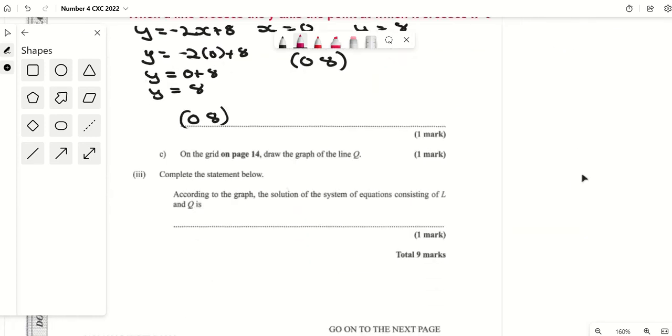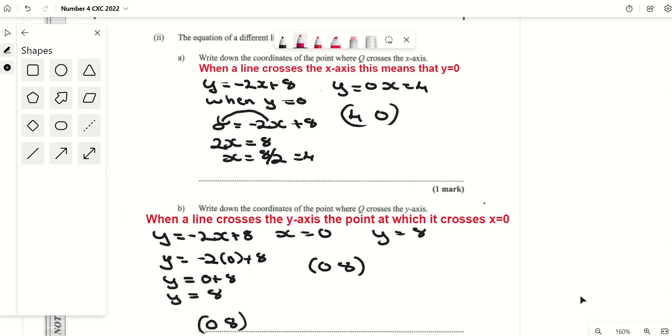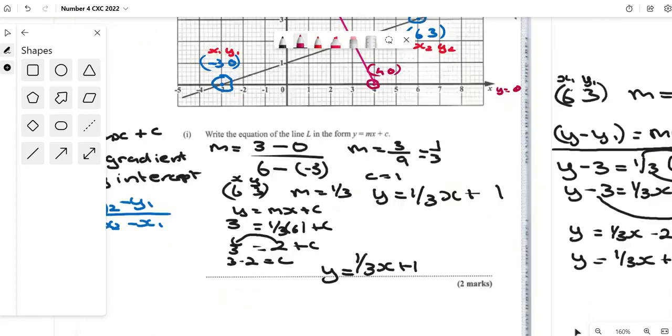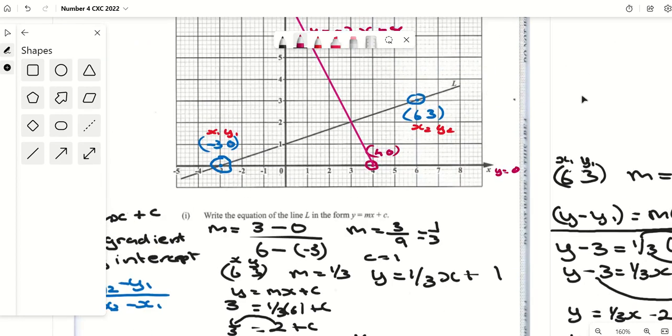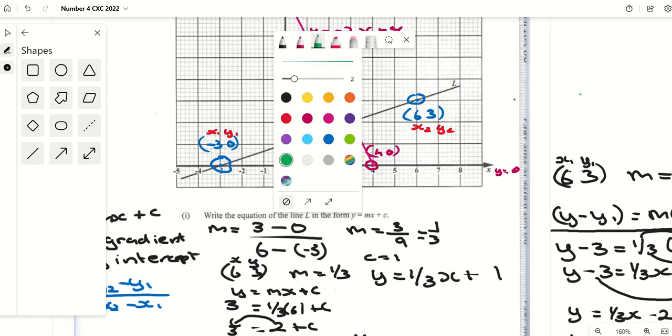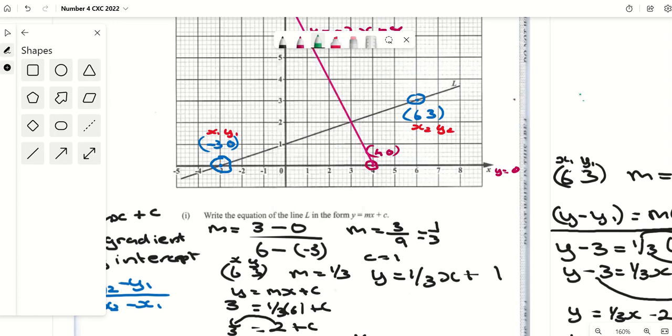All right, complete the statement below. According to the graph, the solution of the system of equations consisting of L and Q. This basically means, where do L and Q intersect? So where do the two lines meet? If we look, they actually meet up, and I'll put this in green so you guys could see. They intersect at this coordinate here.